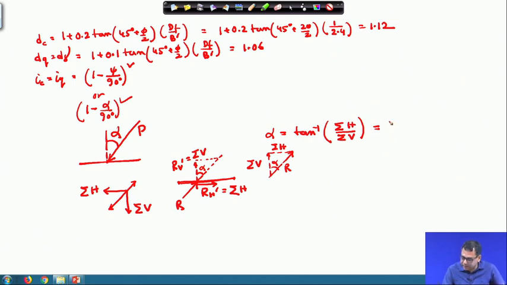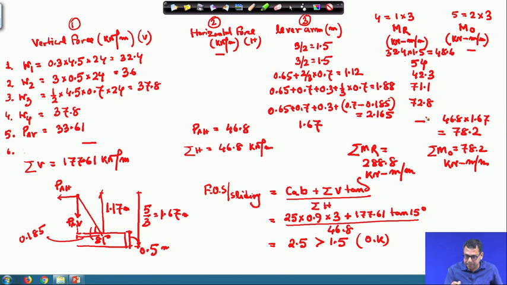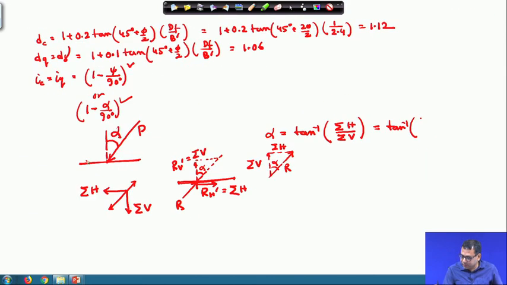So, I can write tan inverse, the summation of all horizontal forces is 46.8 and vertical forces is 177.61. So, this is 46.8 divided by 177.61. So, this angle is 14.8 degree.